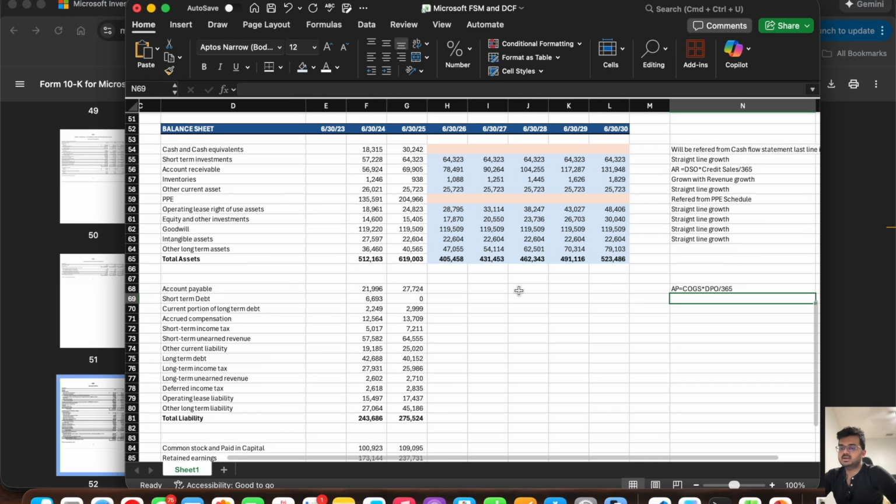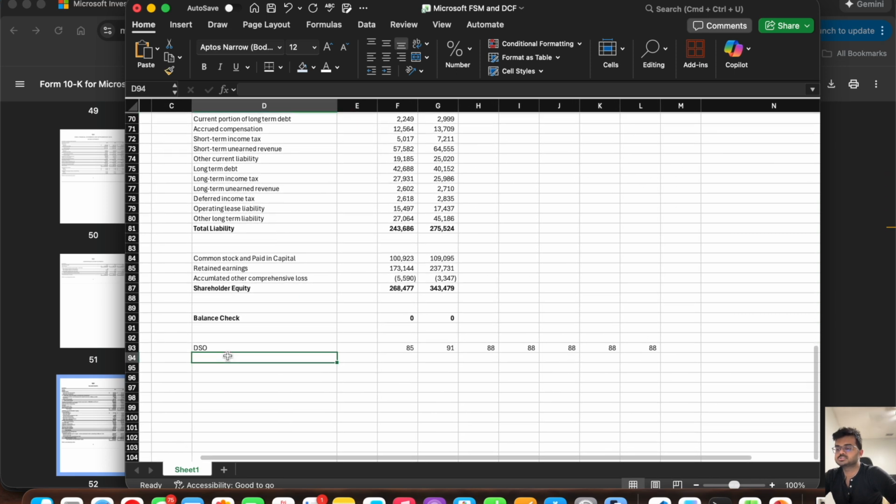So, the same analogy as accounts receivable: we will calculate the DPO, that is, after how many days Microsoft pays back the vendors and suppliers, average the DPO, then come back and calculate the accounts payable.